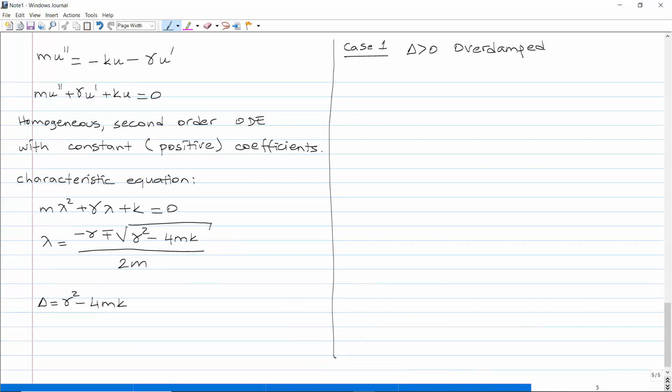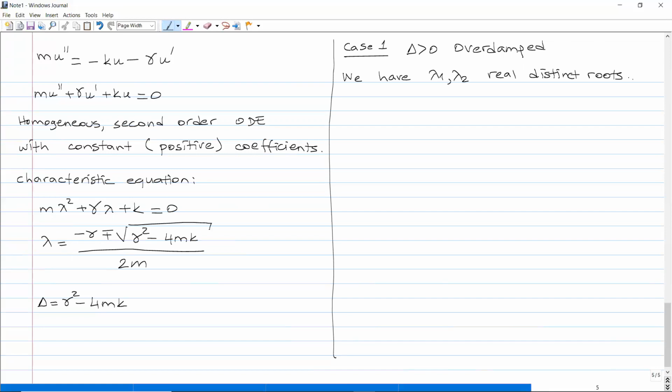Okay, so discriminant positive means we have lambda 1, lambda 2, real, distinct roots.